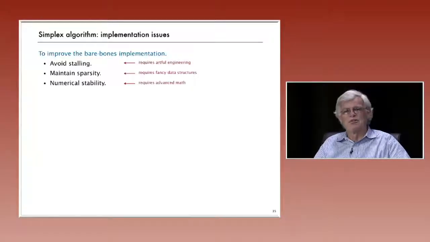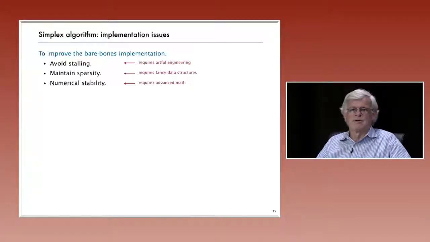And we looked a couple of times at some data structures of that sort, and that's certainly a consideration in simplex implementations. The other thing that we haven't talked about much in this course, but whenever you're working with floating point approximations of real numbers and you're making a lot of calculations, you have to make sure that you have control over the errors in the calculations. And scientific computation is certainly concerned with keeping control of that situation. It's something that we haven't talked about much in this course.